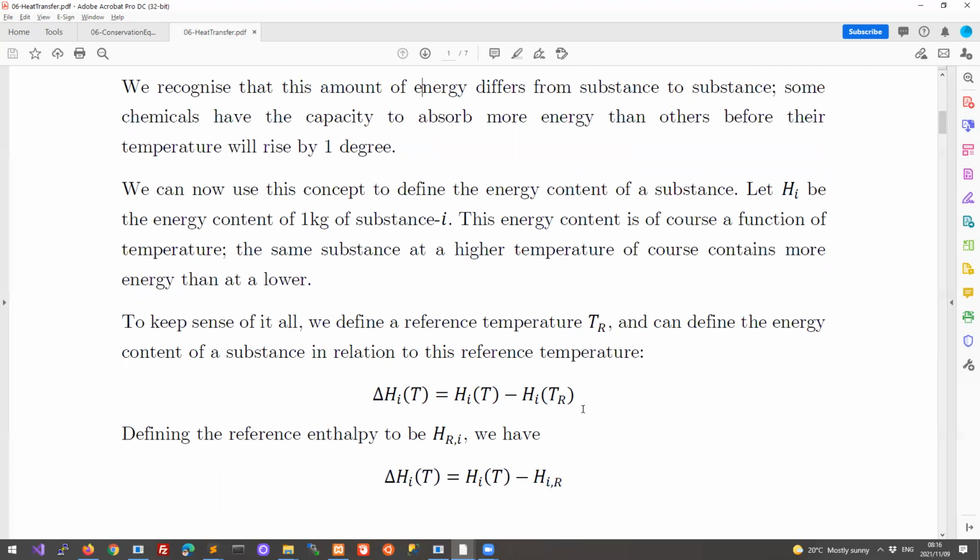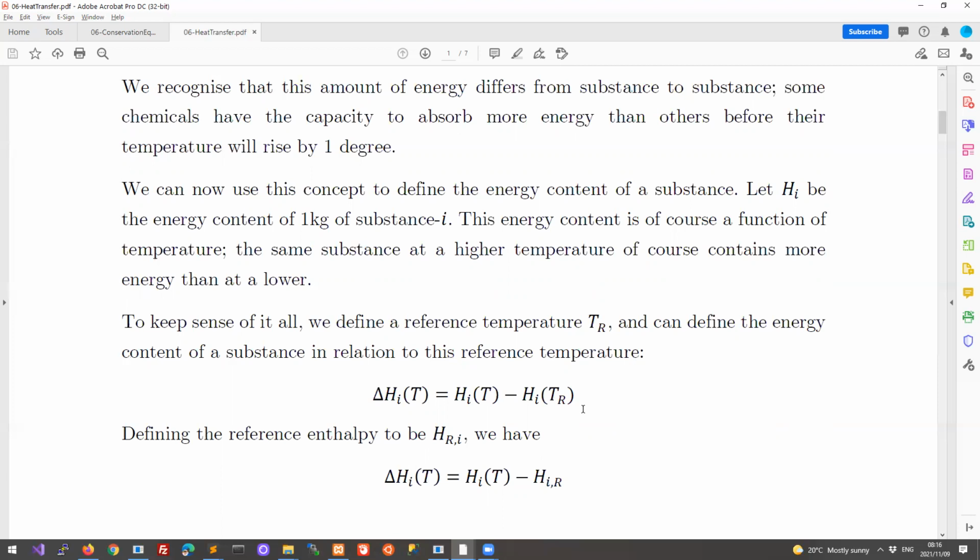At 0 Kelvin, you have absolutely no vibrational motion, and so your substance is completely at rest. So that is the ideal reference state, 0 Kelvin. In practice, however, we can't really measure down at 0 Kelvin. So the compromise we've reached over the years is that we instead choose a reference temperature that is easier to achieve.